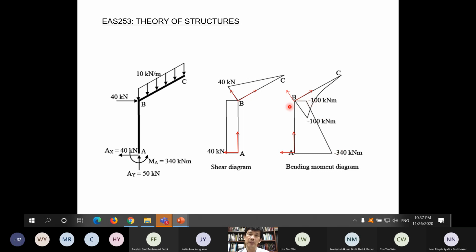They should be the same for equilibrium, unless there is a concentrated moment acting here, then they won't be the same. So this is one check to see whether you drew it correctly. At B, this part goes until -100, and here also -100 until -340. So at B they are the same, for the case where there is no concentrated moment.